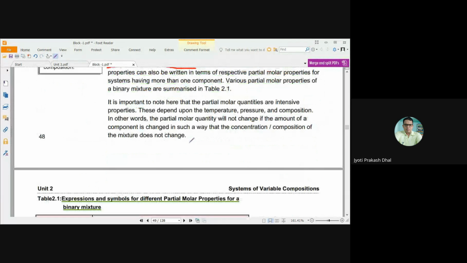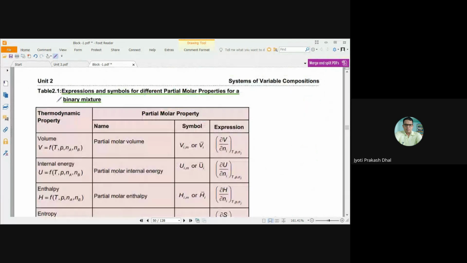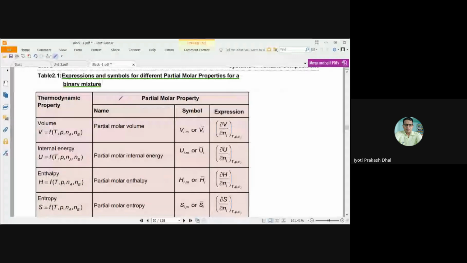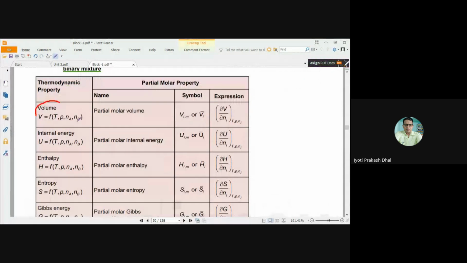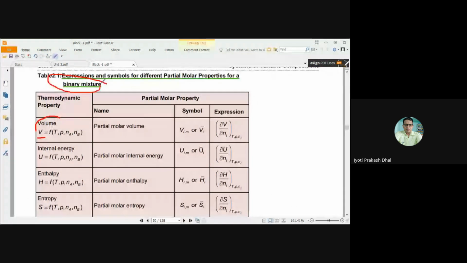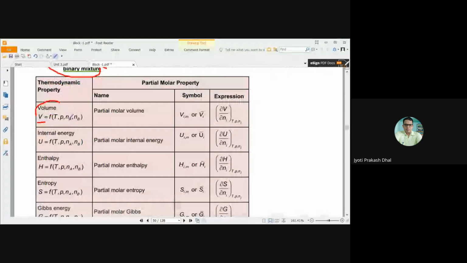pressure. Now coming to a general expression and the corresponding symbol for the different partial molar properties of a binary mixture. If the extensive thermodynamic property is volume, then V is a function of temperature, pressure, NA and NB, and the name of the partial molar property will be partial molar volume.